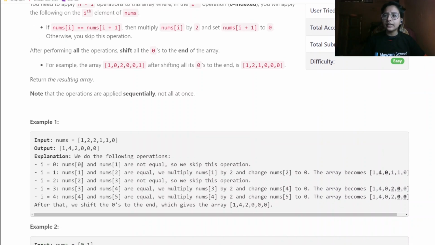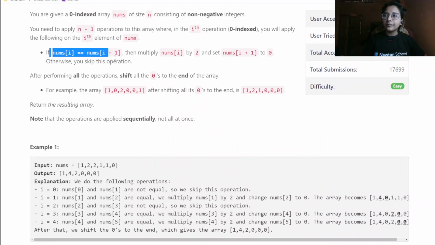Regarding this operation, there is one thing in doubt after reading the question: what we are required to check, this nums of i equals nums of i plus 1. Is it about the answer array?